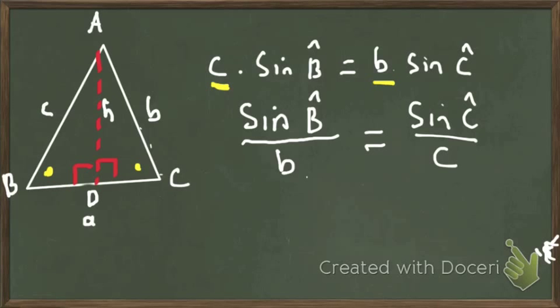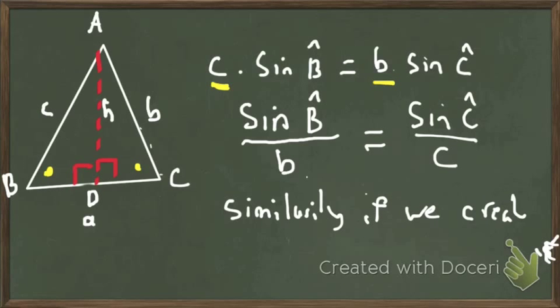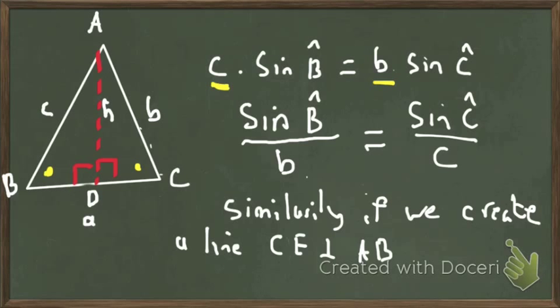What we often do then is we say, similarly, if we create a line, let's say CE, perpendicular to AB, so what would that look like? I'm just going to leave this in for a second.